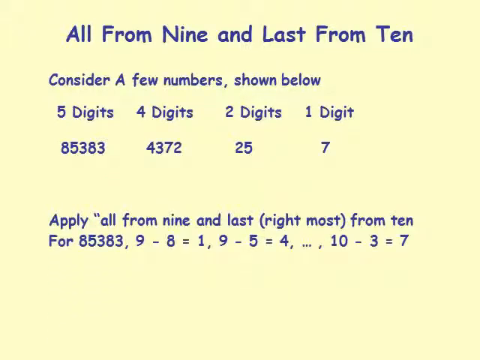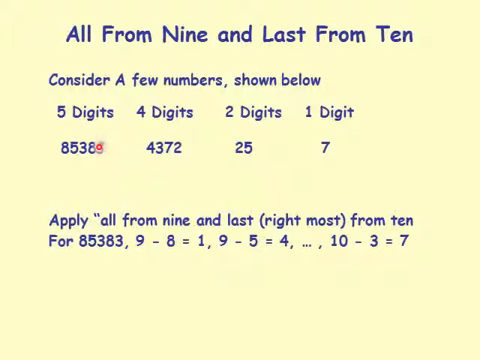If you apply that to 85383, this one here: 8 from 9 is 1, 5 from 9 is 4, where from means subtract. 3 from 9 is 6, 8 from 9 is 1, and this is the last one.